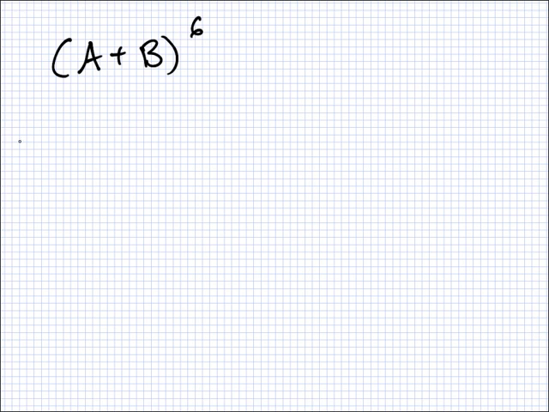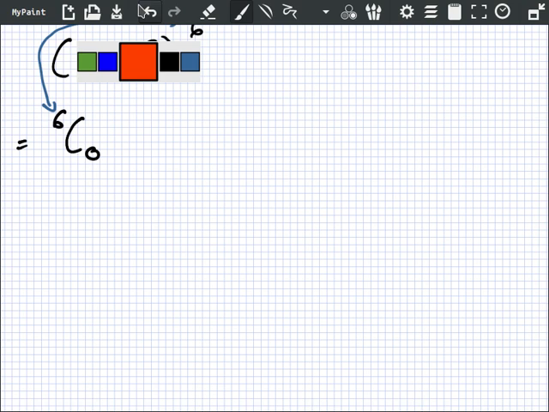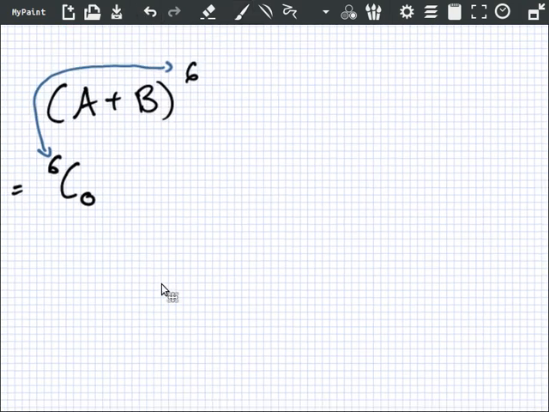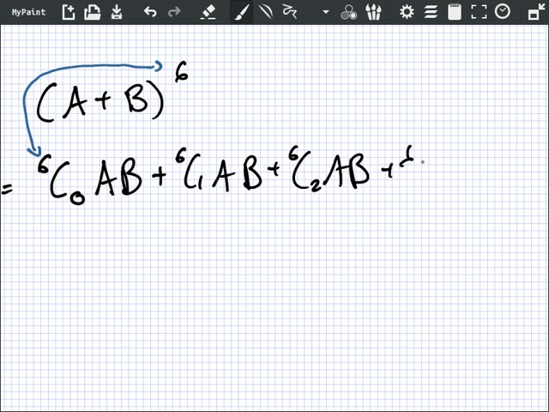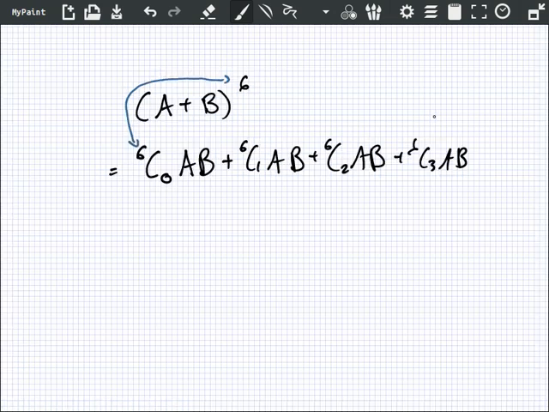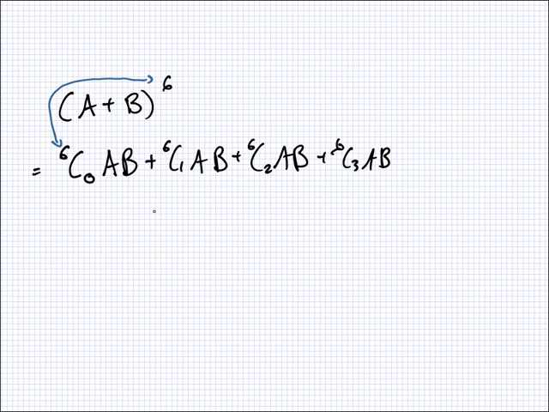You start off with 6C0 a b, plus 6C1 a b, plus 6C2 a b, plus 6C3 a b, plus 6C4 a b, plus 6C5 a b, plus 6C6 a b.